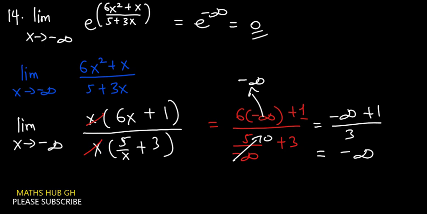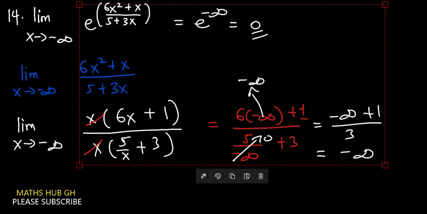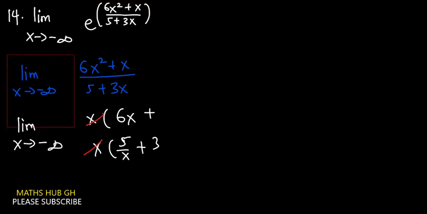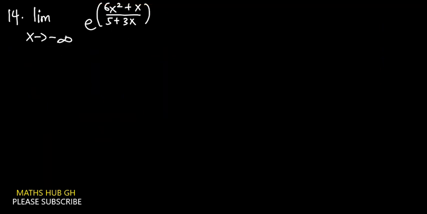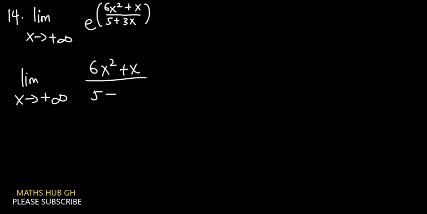Now let's look at the next example. For the next example, we are just going to use the same exponential function, but let's approach positive infinity. So now we are approaching positive infinity. Let's find the limit of the exponential function just like we did previously. We're going to have the limit as x approaches positive infinity of 6x squared plus x divided by 5 plus 3x. This is question 15.